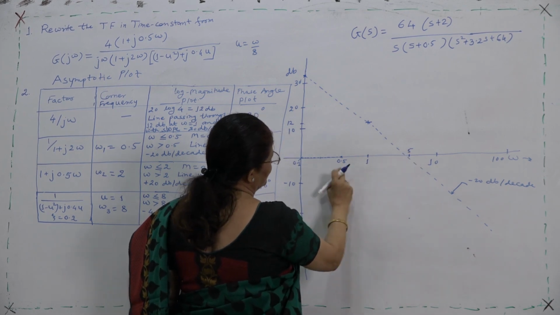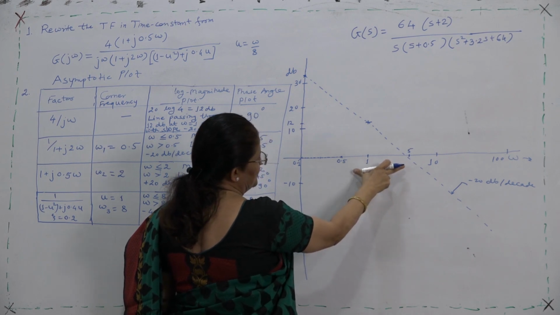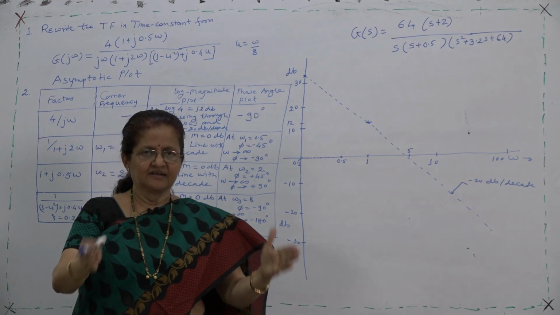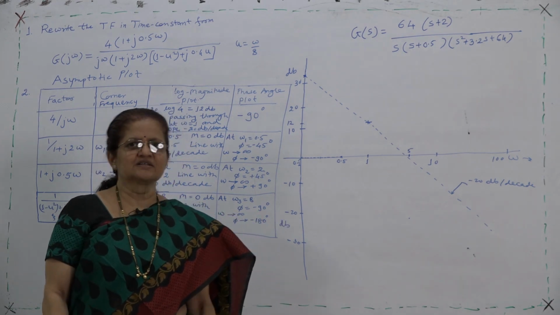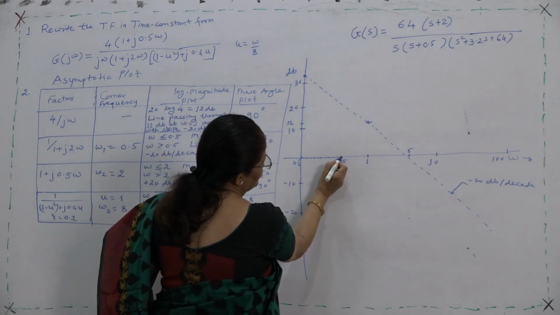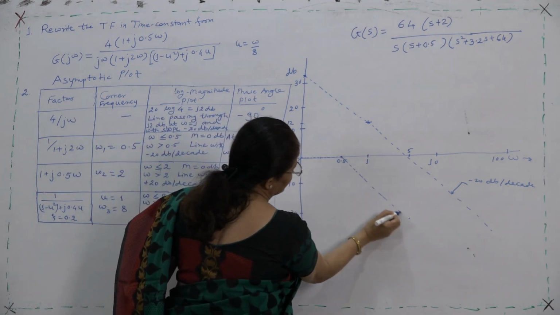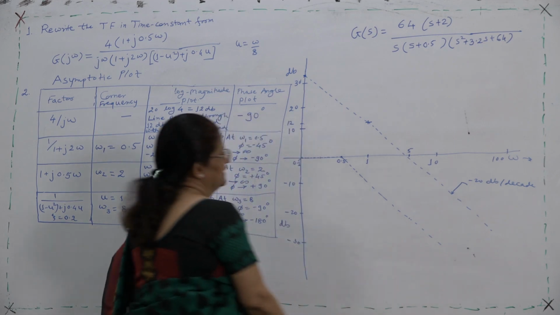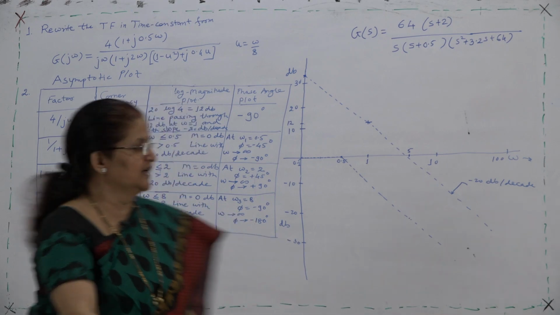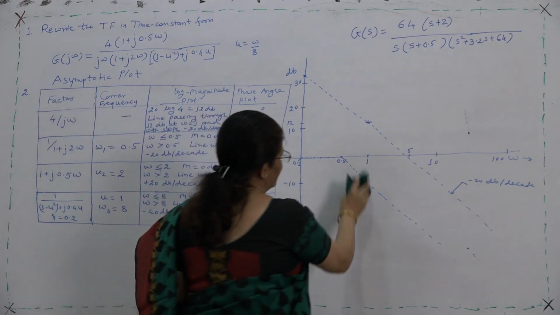So, again within 0.5 to 5 is 1 decade, frequency ratio is 10. In that decade, change in dB is minus 20 dB. So, the slope of the line is minus 20 dB per decade. But it is better if you have one line with slope minus 20 dB per decade, draw a parallel line.